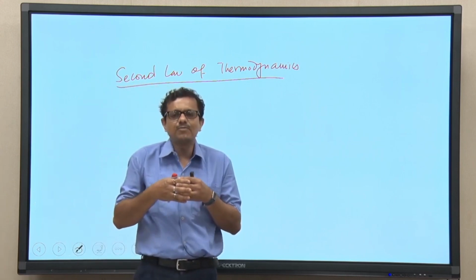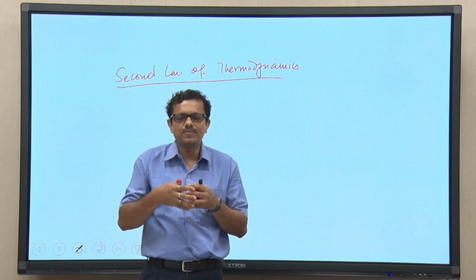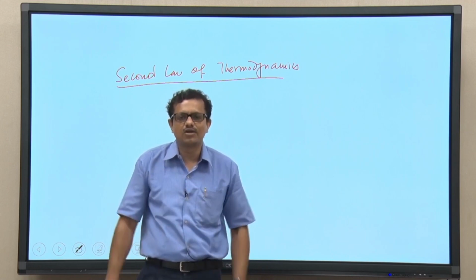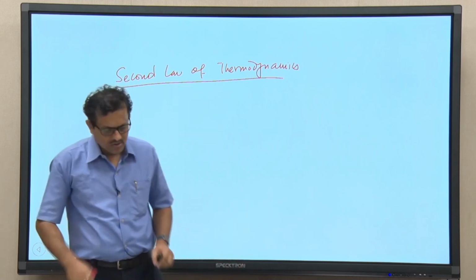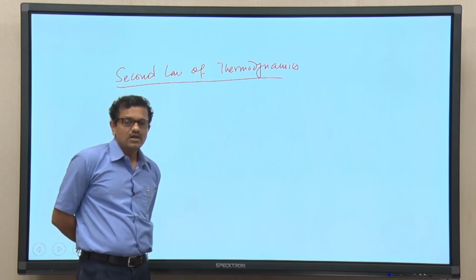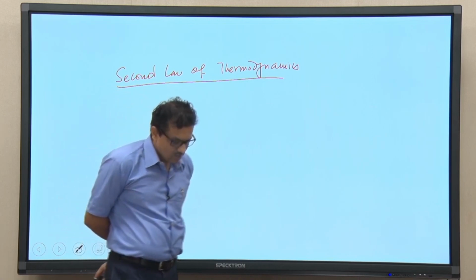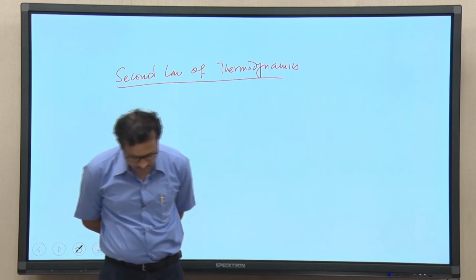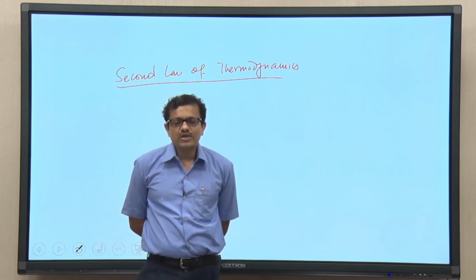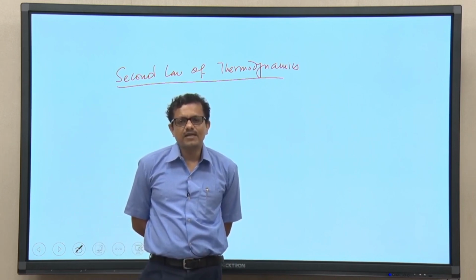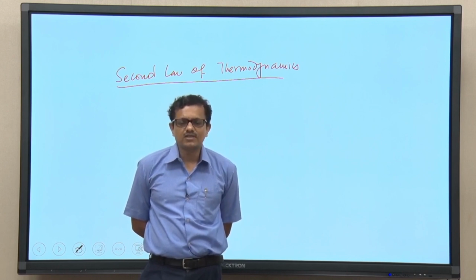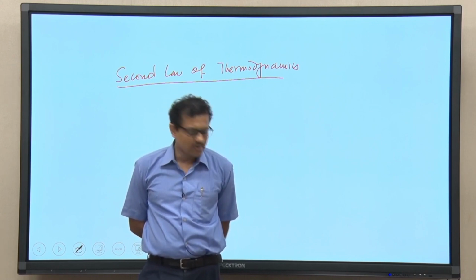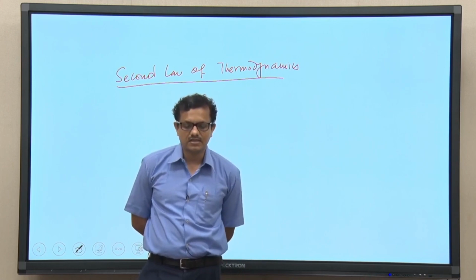So basically, the concept of entropy comes from the second law of thermodynamics. There may be a few more, but at least we have discussed a few objectives which cannot be described by making use of the first law of thermodynamics, and that is why the second law of thermodynamics came into the picture.